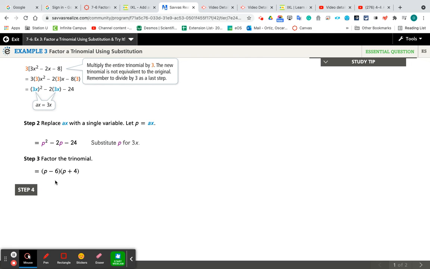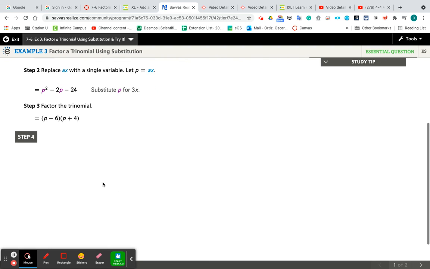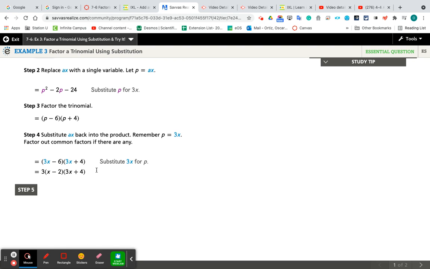So that's p minus 6 times p plus 4, because the two numbers that multiply to negative 24 add up to negative 2. Now remember that p is actually 3x, so we now have 3x minus 6 times 3x plus 4, because we knew that that was a substitution.